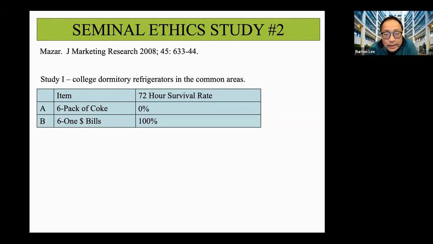Now, the part that I left out here is that in the kitchen, besides the refrigerator, there is also another machine there. And guess what that machine was? Well, some of you are probably going to guess it, but it's a vending machine. And vending machines sold what? Soda cans, including Coke.